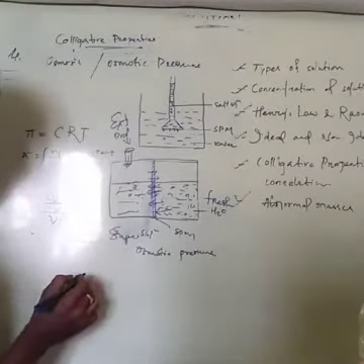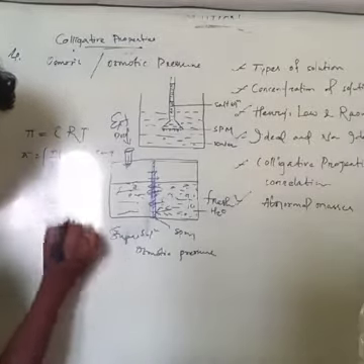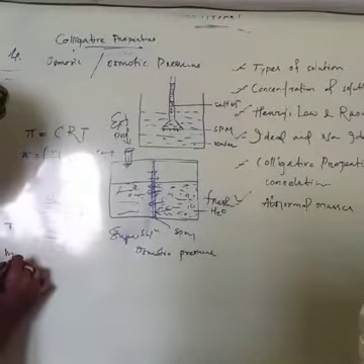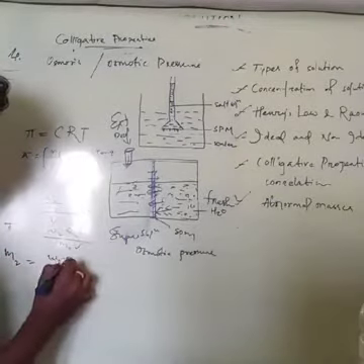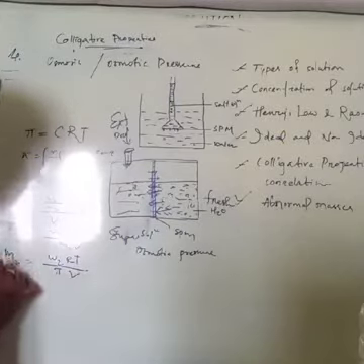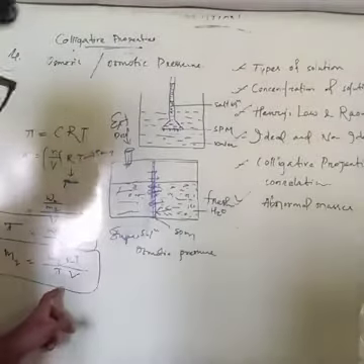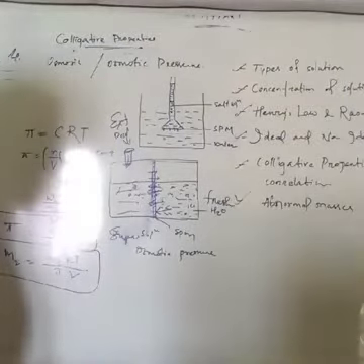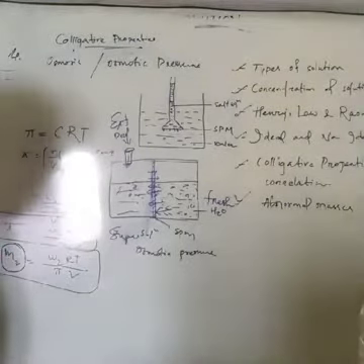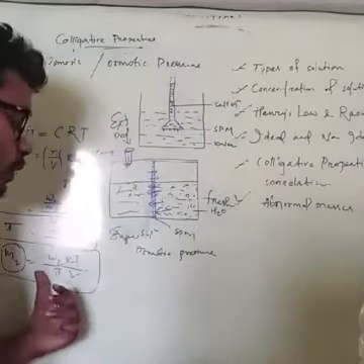So pi = W2 RT by M2 V, or M2 = W2 RT by pi V. These are the formulas that you have to use to calculate osmotic pressure. Normally, most questions ask for M2. Remember, that's why I am writing the formula for M2.